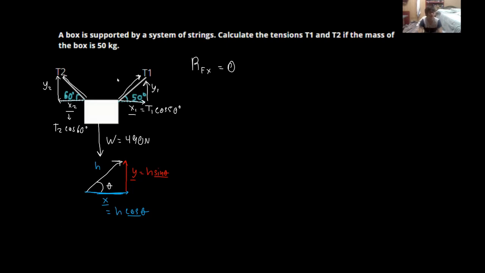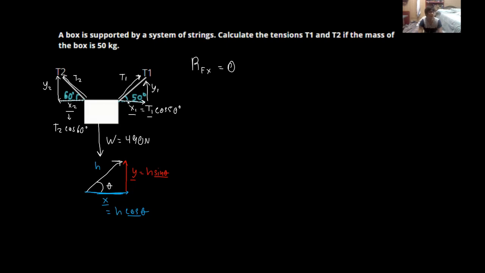Kaya itong diagonal line, this is T1, and ito rin ay si T2. Itong diagonal line represents your tensional force, kumbaga parang hypotenuse. So therefore, this is T1 times cosine given na angle 50 degrees, tapos ito rin, T2 times cosine 60 degrees.